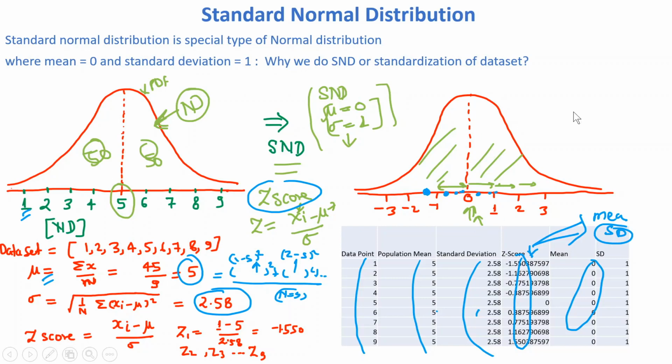So now the question comes, why do we use the standard normal distribution, or why do we standardize the data set? Let me give you a very good example. I will discuss it in detail in the machine learning videos. You have a data set with 3 columns. In the first column is the student rank: 1, 2, 3, 4.